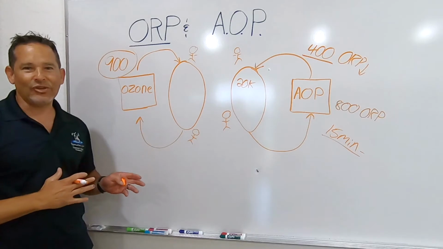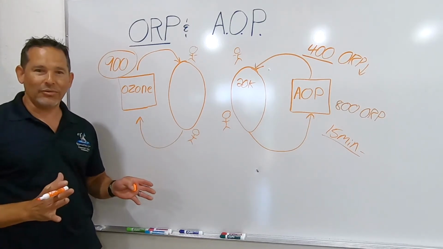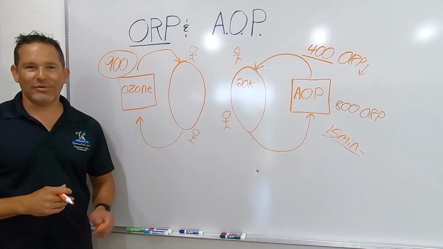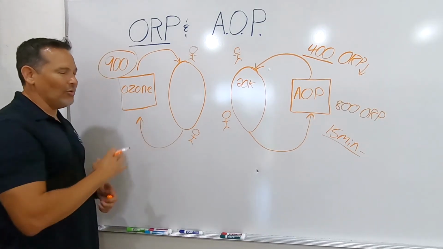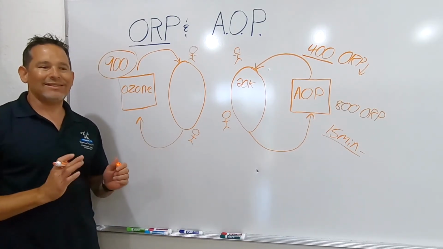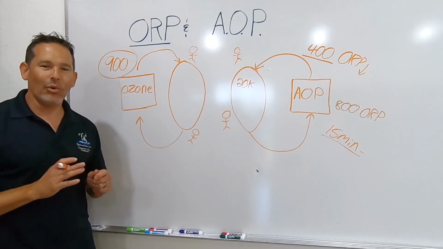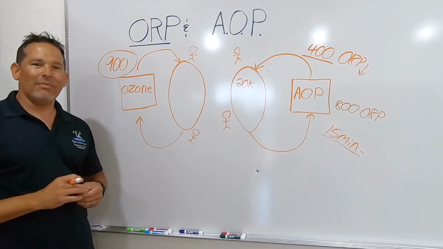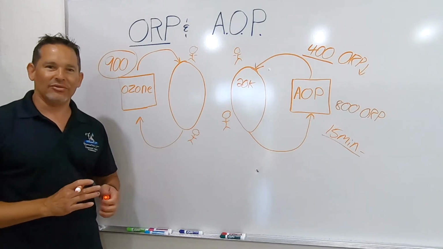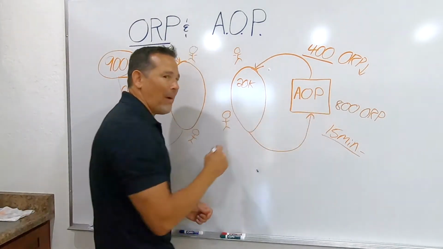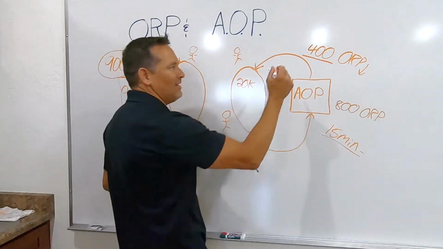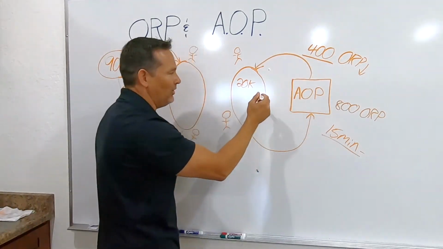I shouldn't have to use much chlorine if I don't want to, because chlorine will never hit that type of a number anyways. Ozone is so powerful, it's 10,000 times more effective at killing microorganisms than chlorine. So it's a very powerful method. This is also a very powerful method. It just doesn't give you any residual in the water.